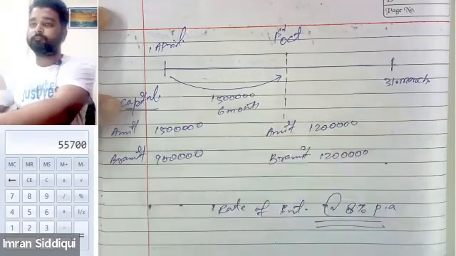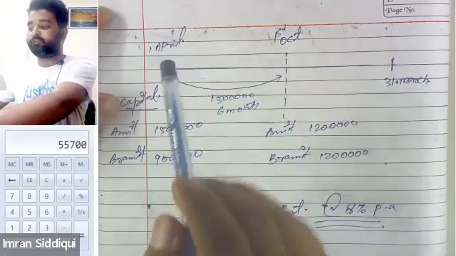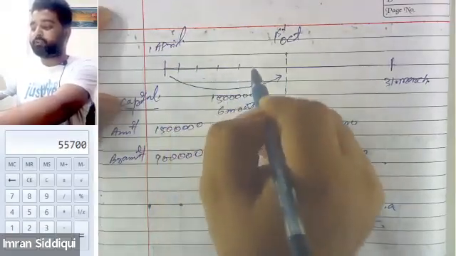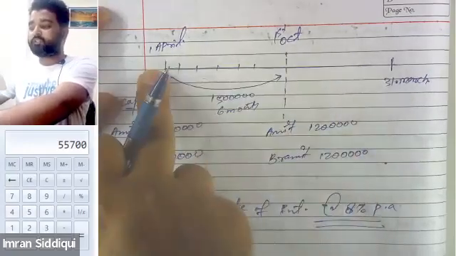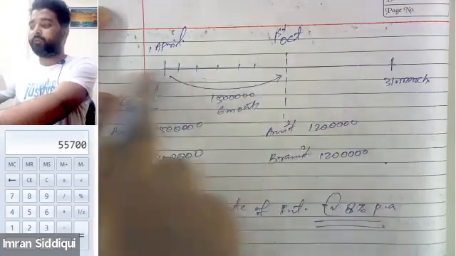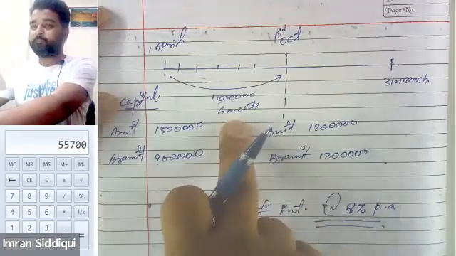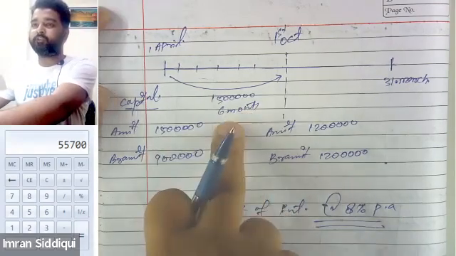April, May, June, July, August, September. How many months are there between 1st April and 1st October? 6 months. So Amit maintained a capital balance of 15 lakh for 6 months.